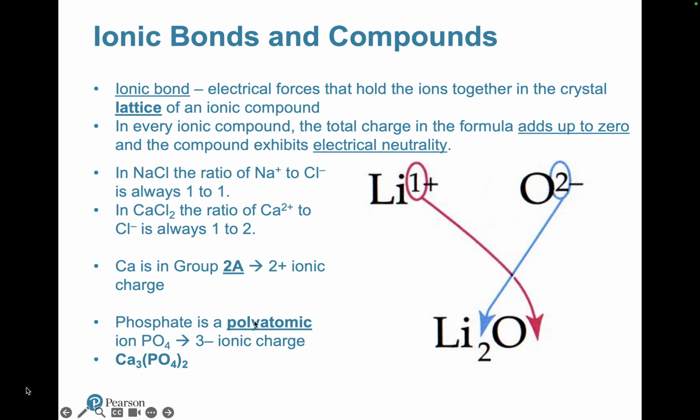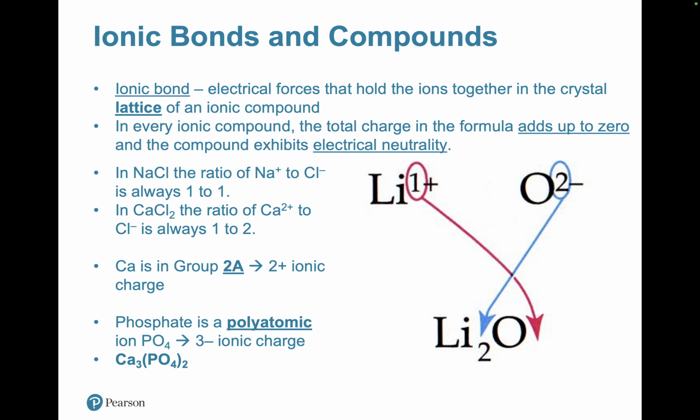We also have these things called polyatomic ions too. For example, this one's phosphate. It's got a negative charge. The way we can figure those out is we can go through and figure out the charge of each one of these atoms, this phosphorus, these 4 oxygens, and then we can combine them together, and that will give us a charge of -3 for phosphate. There are plenty of polyatomic ions, but don't worry about them. Just know that they exist.